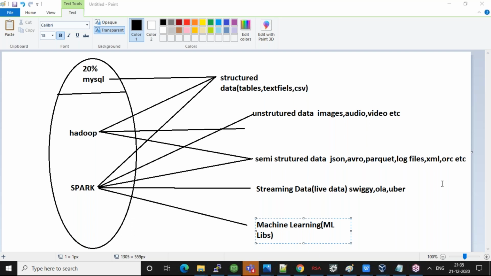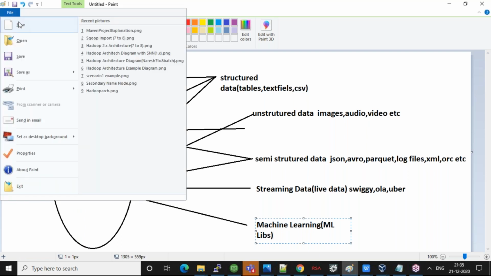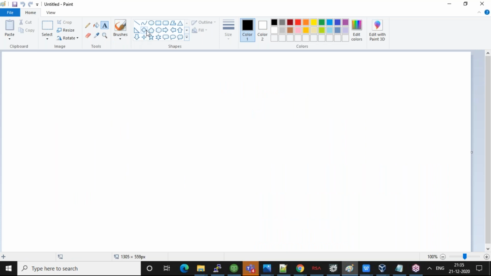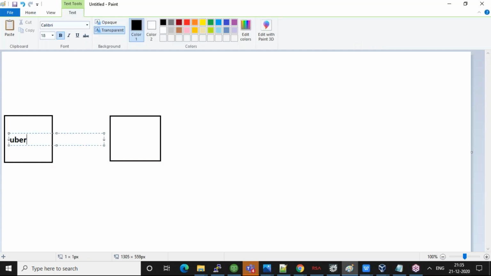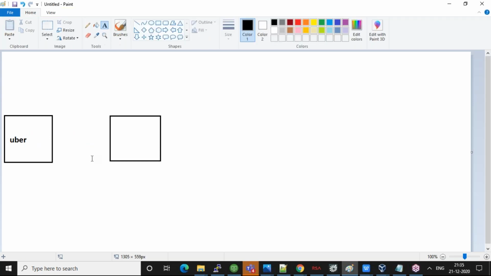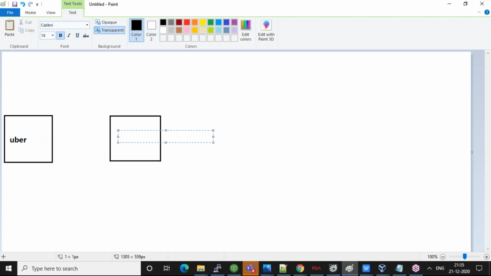Suppose, for example, I will tell you like this so that you can easily understand. Suppose this is Uber, and this is your Kafka. Uber, 24 by 7, so many people are using it. Am I right or not? So this Uber data, we can read. How to read?